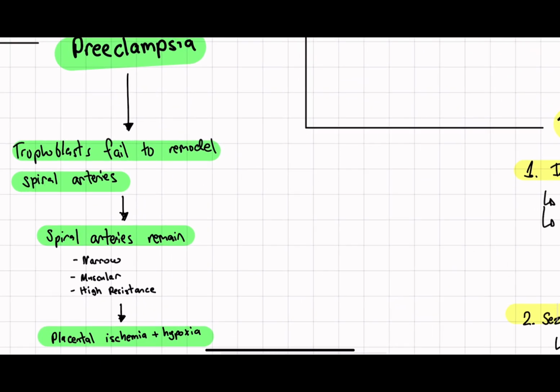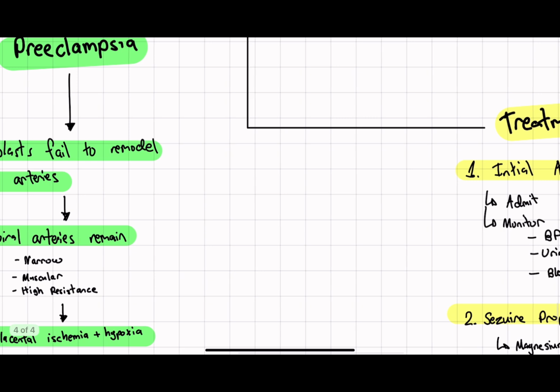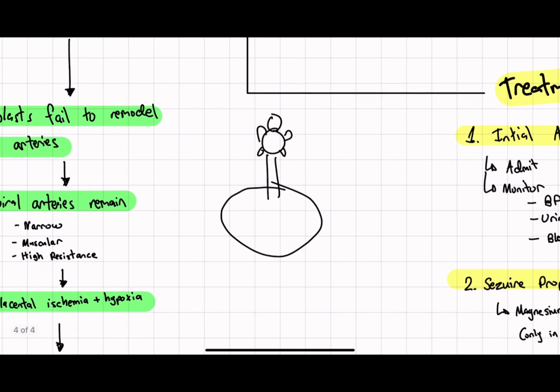So, when you have your placenta, let's just say this is your placenta over here, right? And then you have your placental veins and arteries that are feeding the baby, correct? Now, the actual arteries that are feeding into the placenta, the end arteries, so the arteries at the very end that feed into the placenta, are called spiral arteries, and there's many of them that all connect to the placenta.